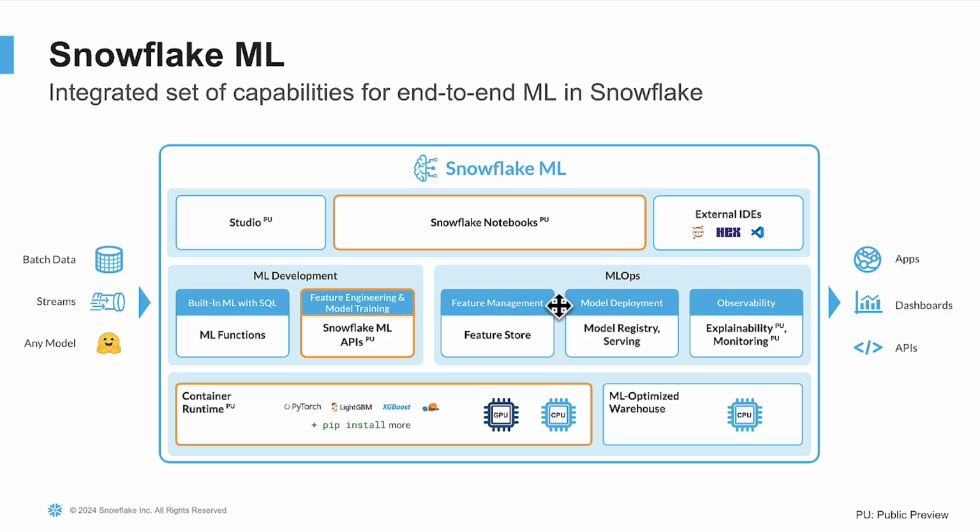This includes feature management through Feature Store, the ability to manage and serve these models through our registry, and now, in public preview, also the ability to apply explainability, drift monitoring, and accuracy monitoring over these models. So again, in this demo, we'll focus on the notebooks, how we'd use some of our distributed APIs, and specifically the PyTorch distributed APIs over GPUs to accelerate deep learning models.